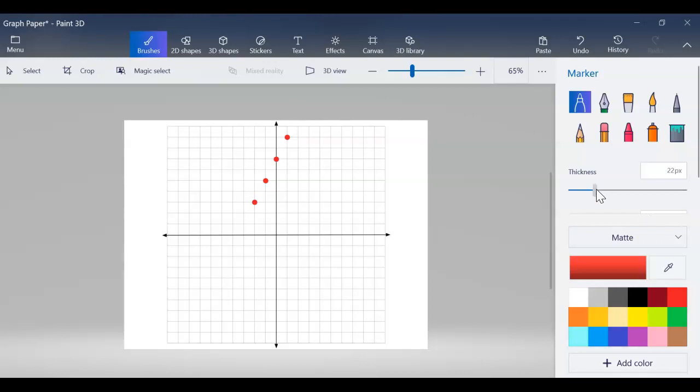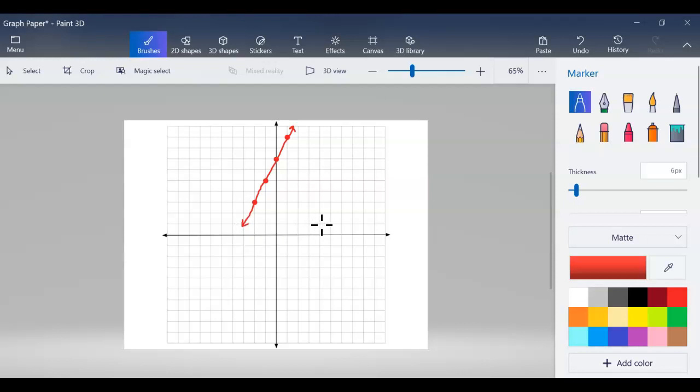And then if I'm going to make a line, obviously we just connect those dots and say that the pattern goes on forever. So we connect these dots, and then in order to symbolize that the pattern goes on forever, we just draw an arrow at both ends of this line.